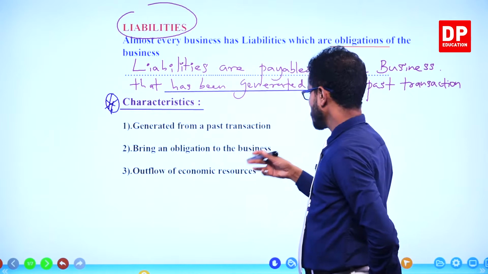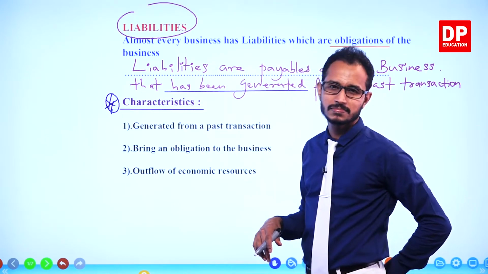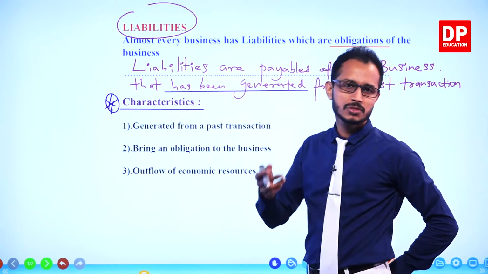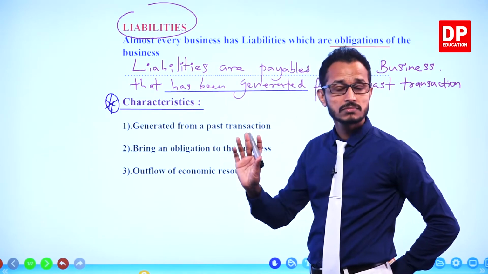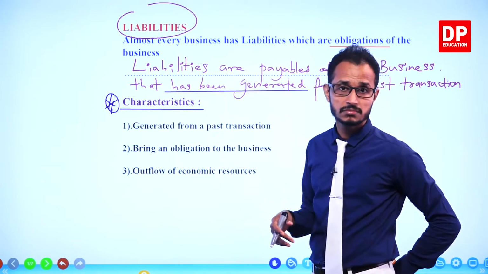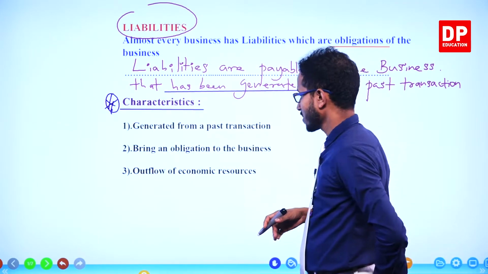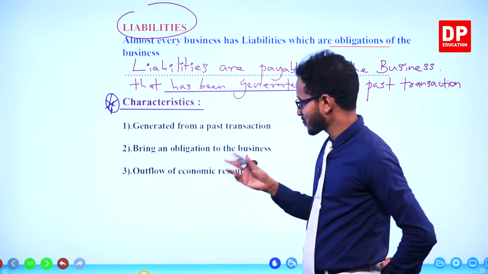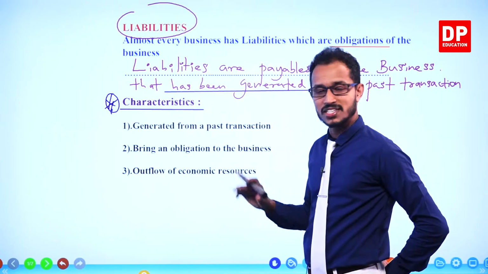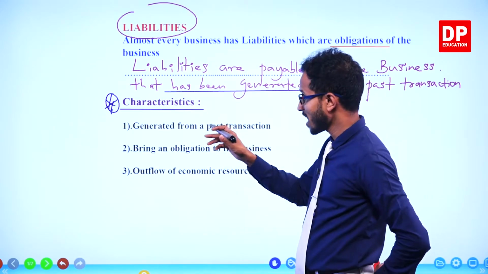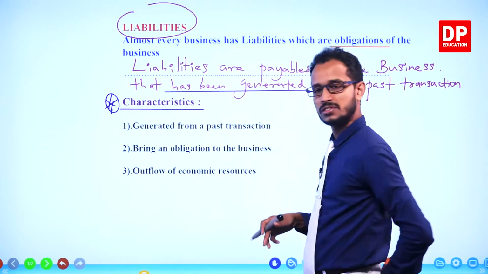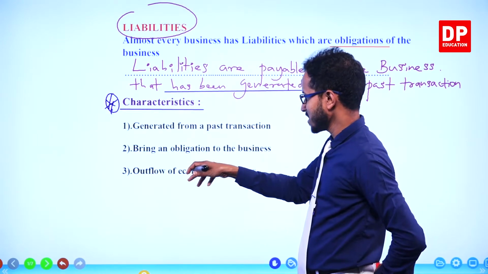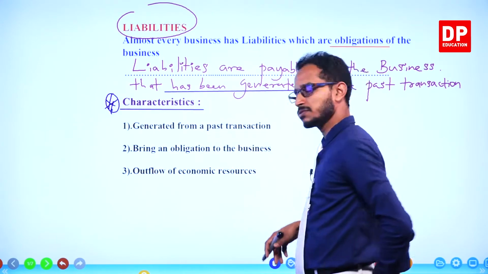They bring an obligation to the business. They bring obligations. I taught you what obligations are, and you know what obligations are. I'm not going to repeat, I'm just saving time. So liabilities are obligations to the business. Then they result in outflow of economic resources.